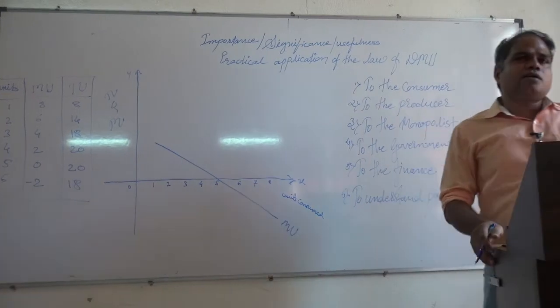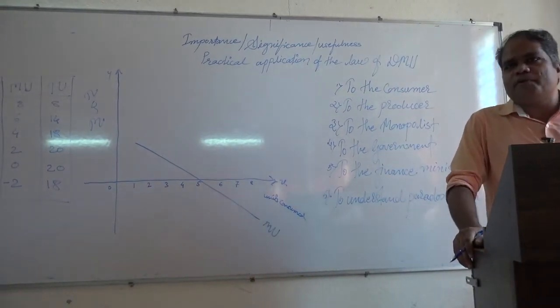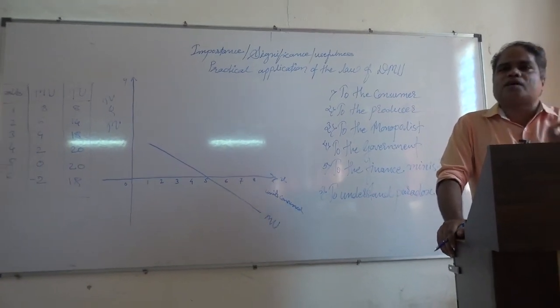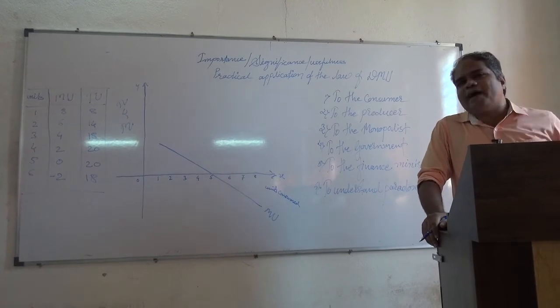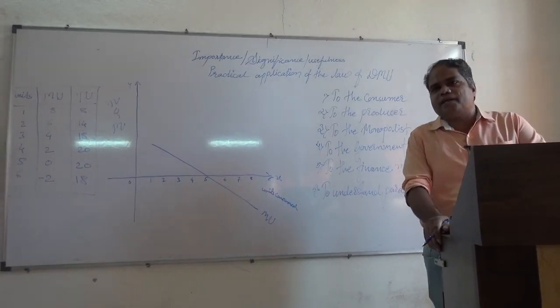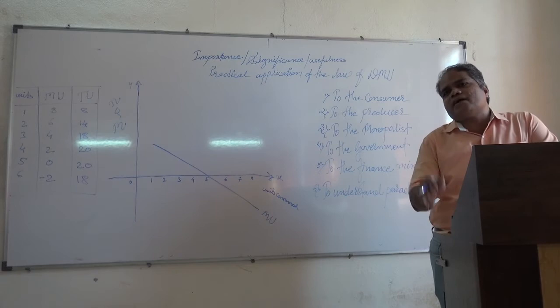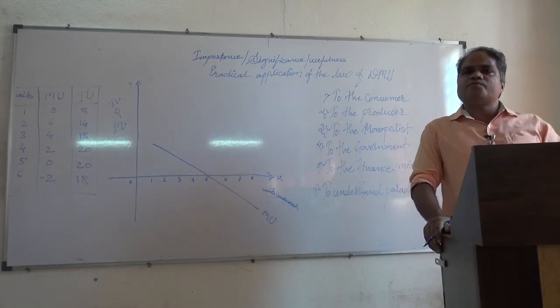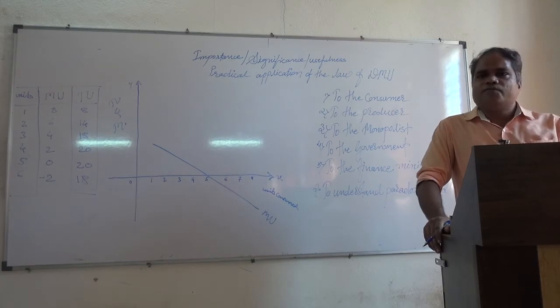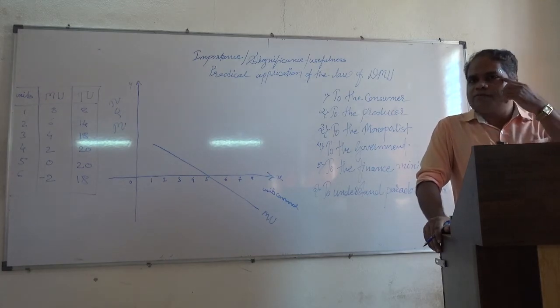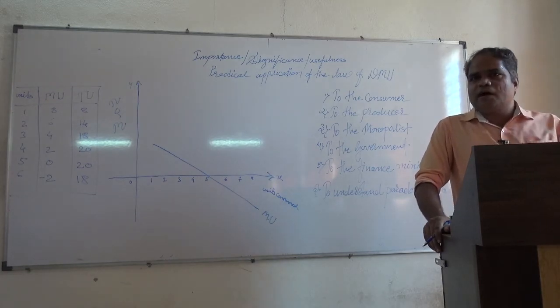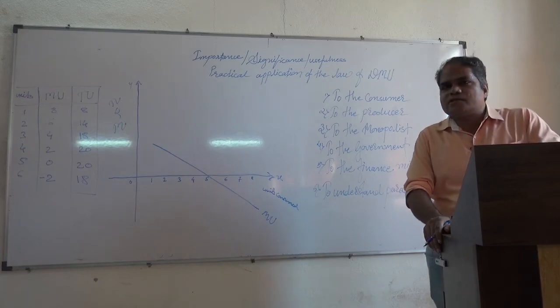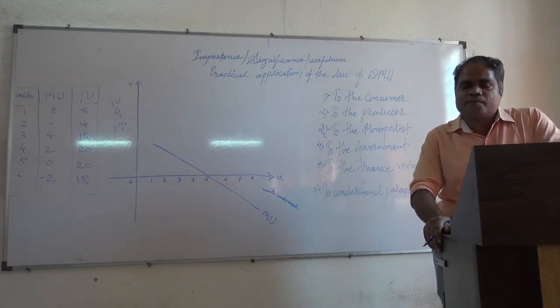So in short, the explanation of the law of diminishing marginal utility helps the consumer attain maximum satisfaction with limited resources. How to attain it? This law helps the consumer in purchasing, that is, what goods should be purchased and at what price.